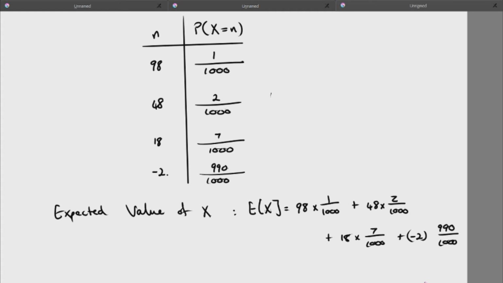By multiplying by the probability, it's sort of the weight that that result carries. What do I get when I calculate this? It's not the hardest calculation, but I want to see what I get.